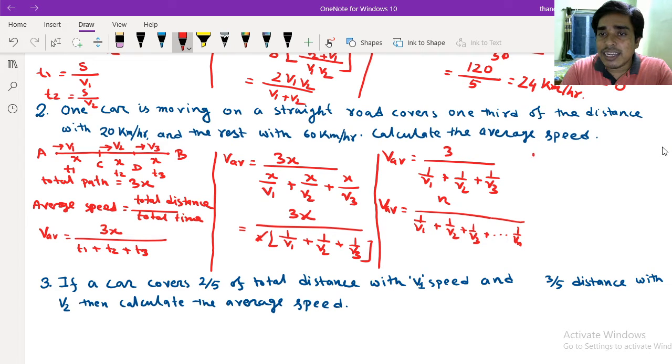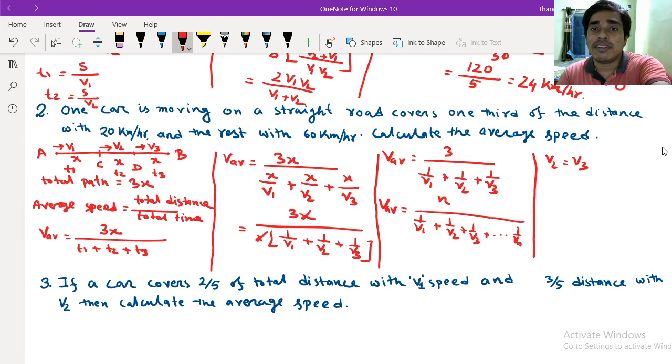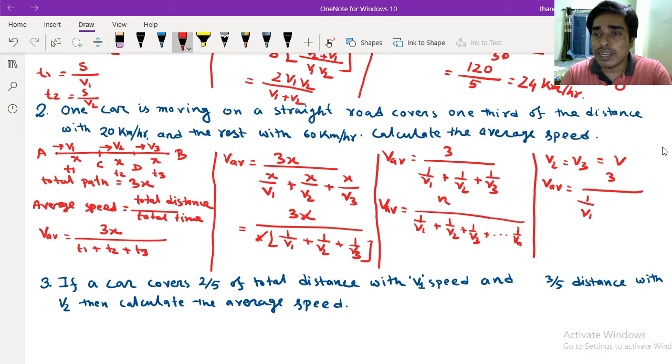But in this case, v2 equals v3, because the rest is 60 km per hour. Then V average will be 3 divided by 1 by V1 plus 2 by V. Suppose V2 and V3 are equal because this is 60 km per hour.